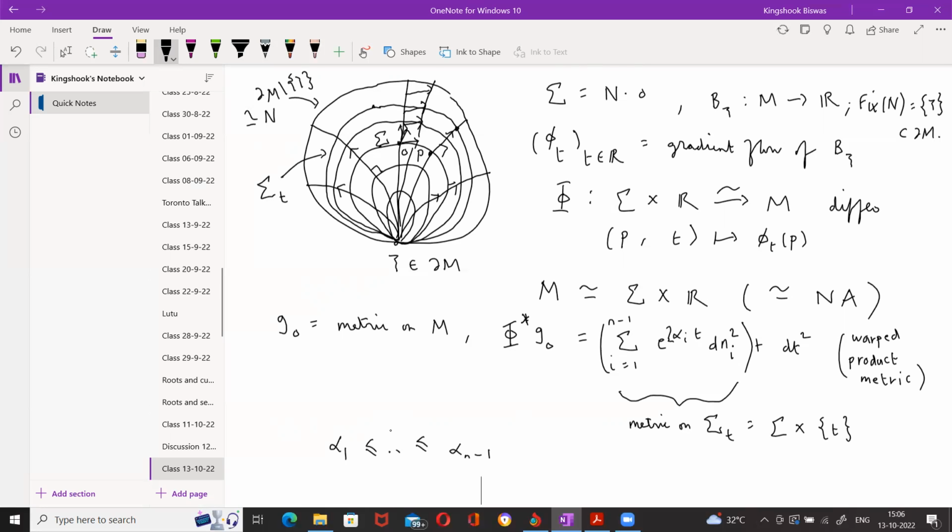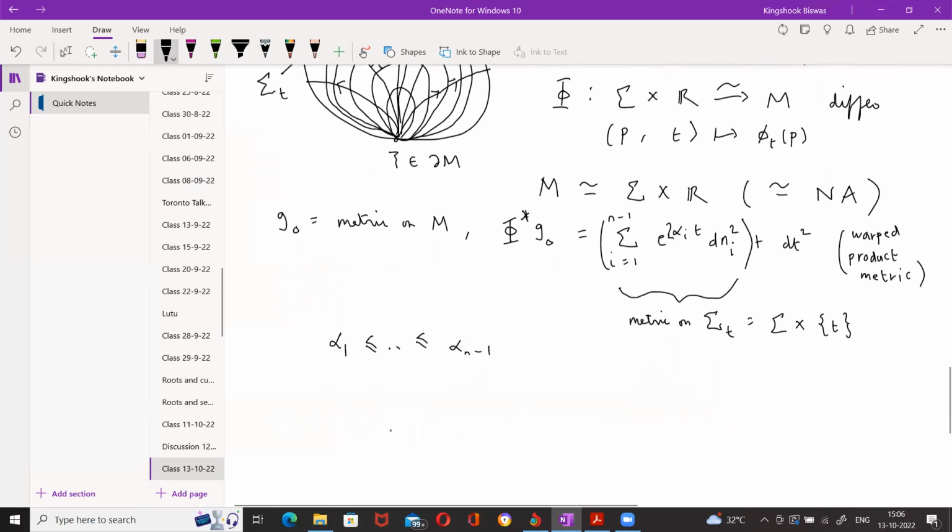Let me call this metric h_t, a metric on sigma_t. I can look at h_t divided by e to the 2 alpha_1 t.